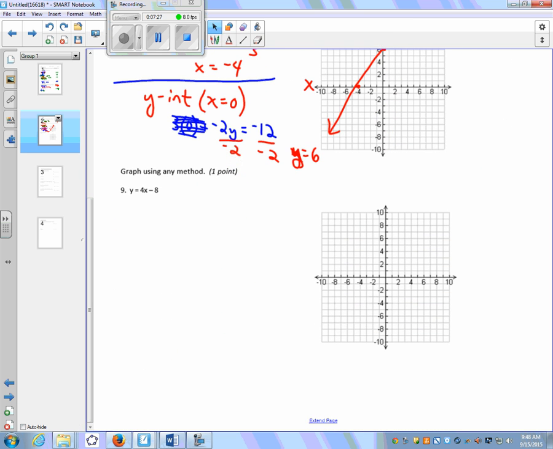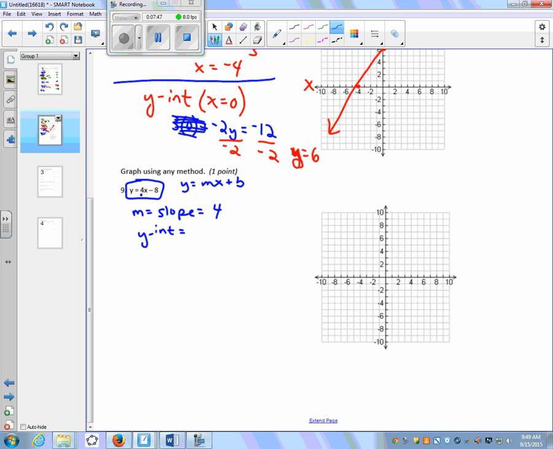Okay, graph using any method. Here it looks like it's in slope-intercept form. So the slope in this case is 4, because there's our mx plus b, right? Y equals mx plus b. And our y-intercept is negative 8.